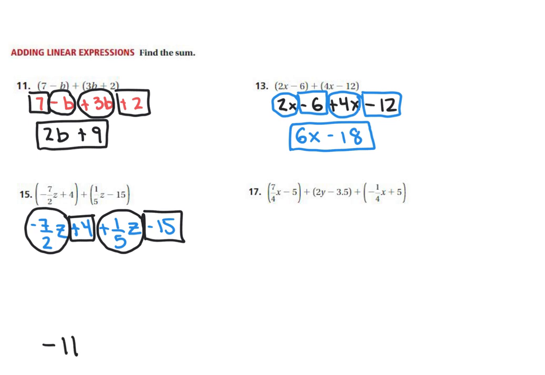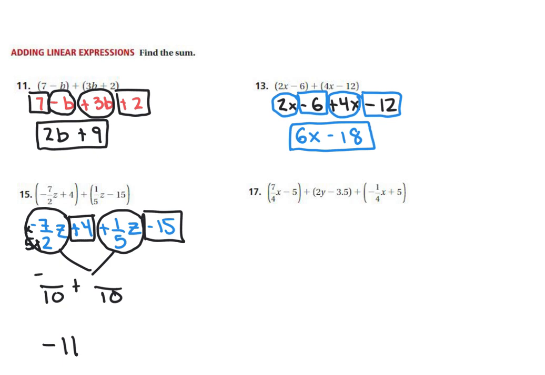Now combining the fractions, that's going to require me to get a common denominator, and my common denominator between these two will be 10. 2 times 5 got me to 10, so I'm also going to multiply the negative 7 times 5.